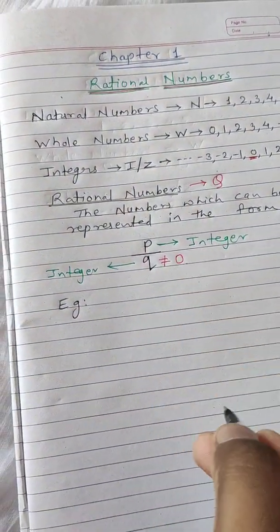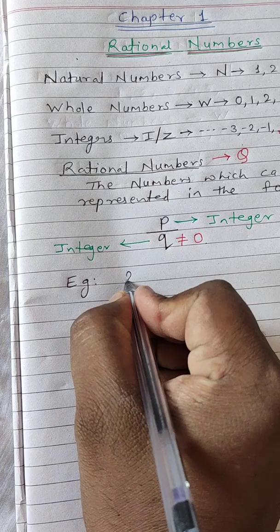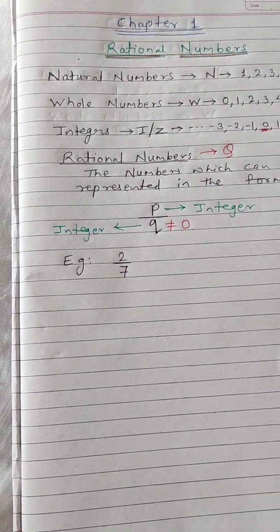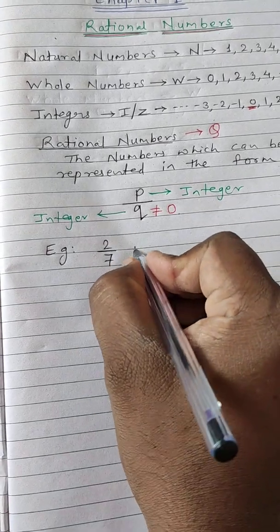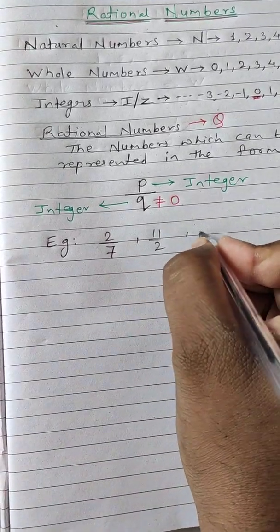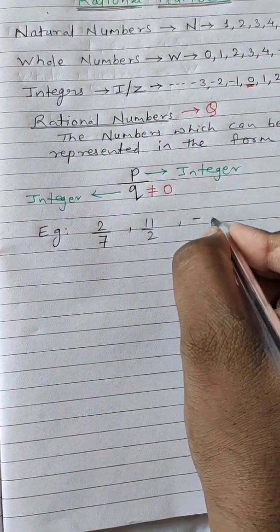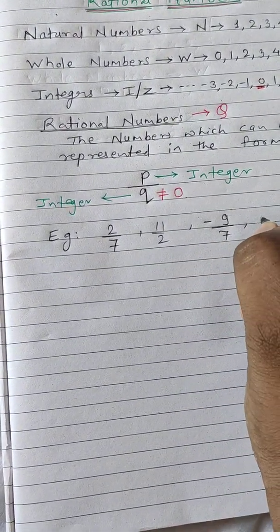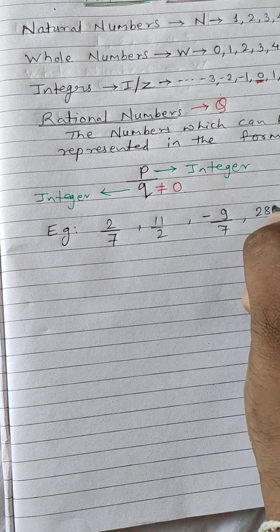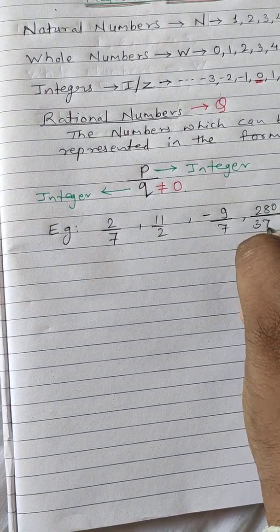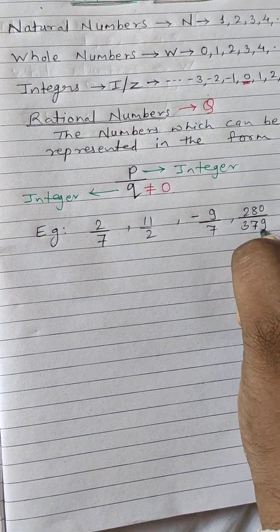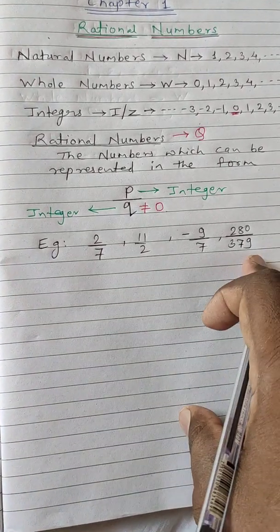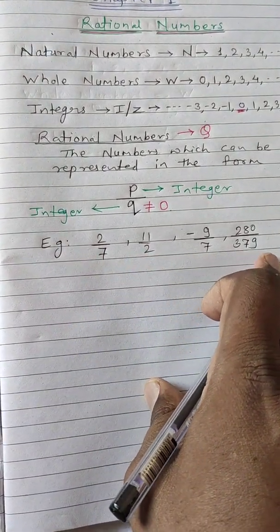If I am writing 2 upon 7, right? Another example is 11 upon 2, then minus 9 upon 7, or 280 upon 379. Like this are the examples for the rational numbers.